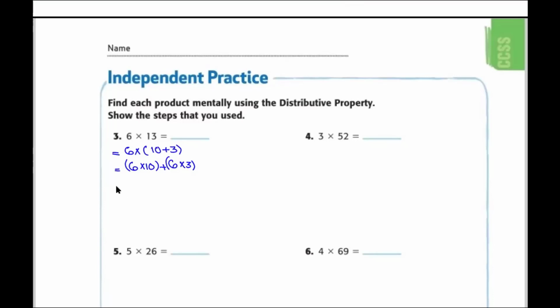After that? 6 multiplied by 10 equals 60.